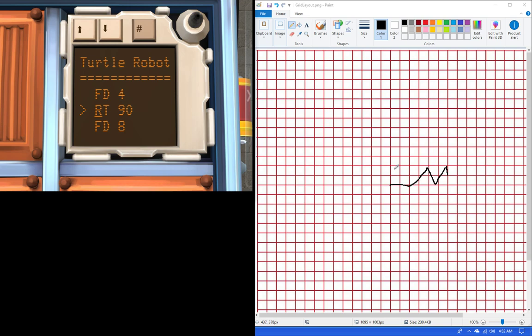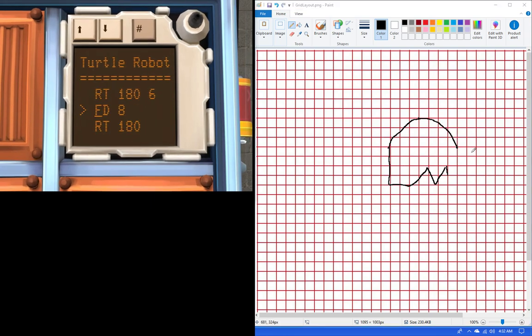Then rotate 90 degrees, so I'm facing up. Then I go up 4, because 8 divided by 2 is 4. Next, we do RT 180. 6 divided by 2 is 3, so the radius is 3, and the end goes right there.